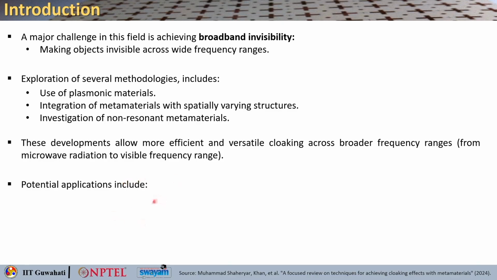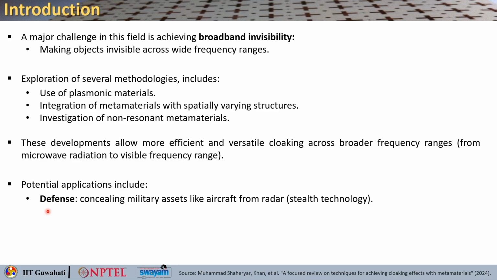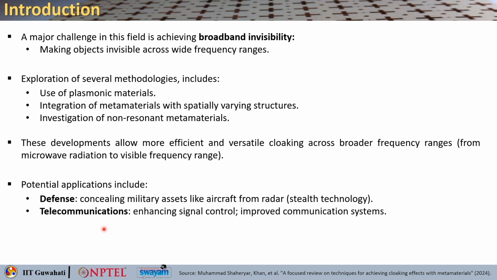Now, what are the potential applications of this kind of broadband invisibility? The first thing that comes to your mind should be defense, where you can conceal military assets such as aircraft from radars. So, that is basically the stealth technology people are talking about.